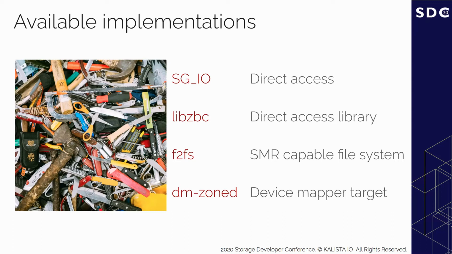Finally, DM-zoned. DM-zoned is a device mapper target that exports a regular block device from an underlying host-managed SMR drive. Random writes are buffered into CMR zones first and written out to SMR zones during garbage collection. Also developed by my former colleagues at Western Digital, it is available in Linux kernel from version 4.13.